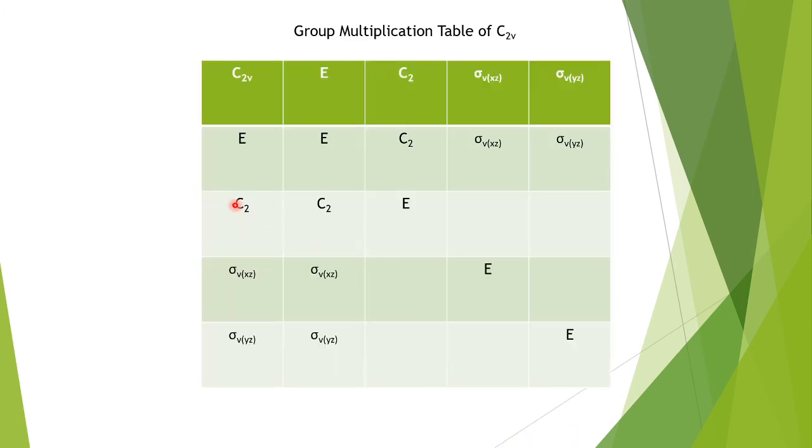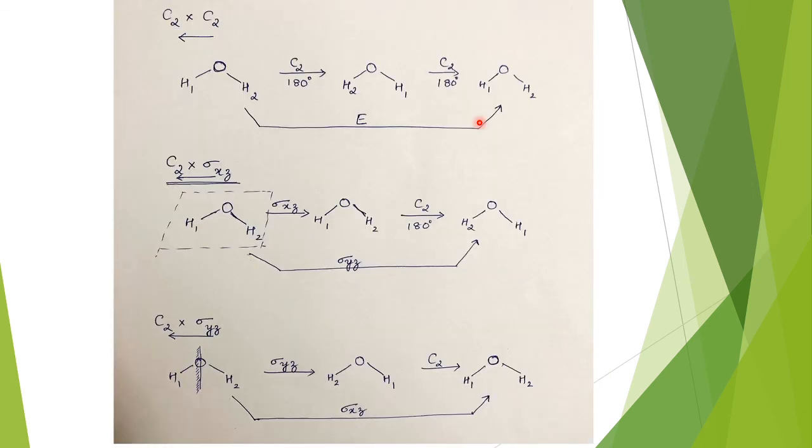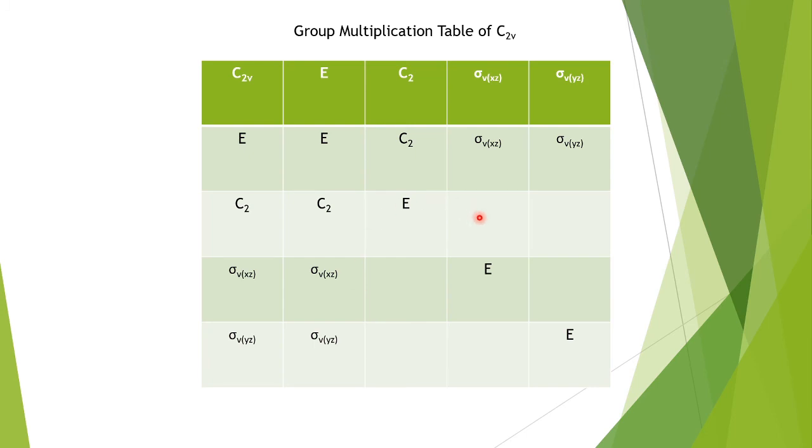So we know C2 into sigma v XZ can be either sigma v YZ or C2. We have found out that it can be either sigma v YZ or C2.